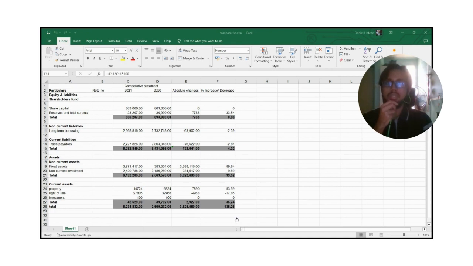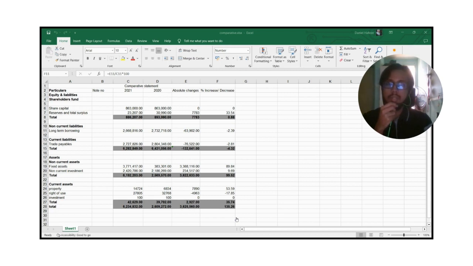An easier explanation is that a comparative statement, or comparative balance sheet, is one of the many financial statements which display a company's financial position at two or more distinct points in time, which for MRT would be from the year 2021 to 2020. This provides a one-on-one comparison of the company's assets, liability, and shareholder equity.